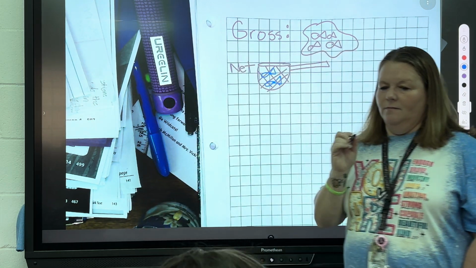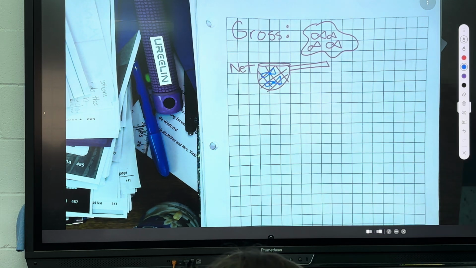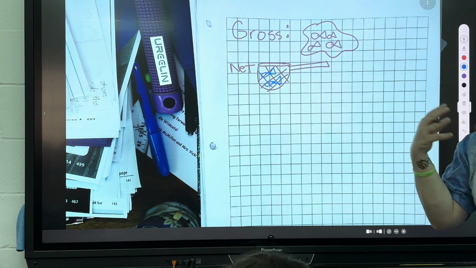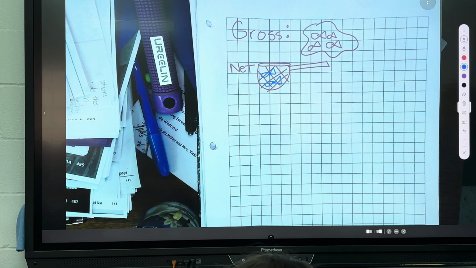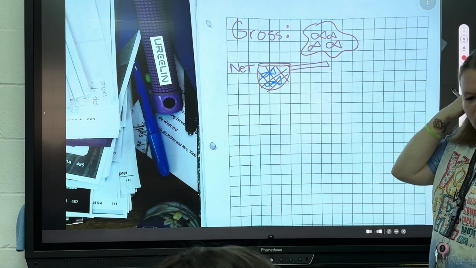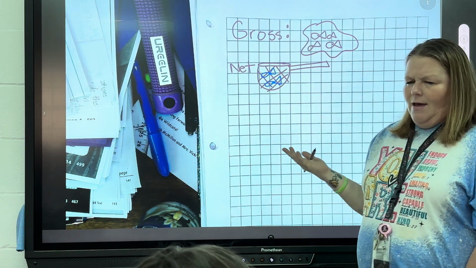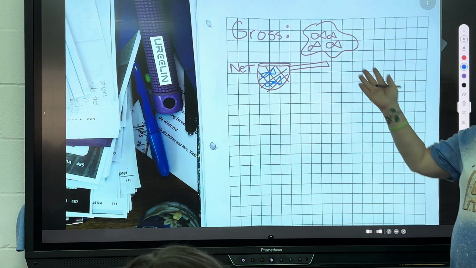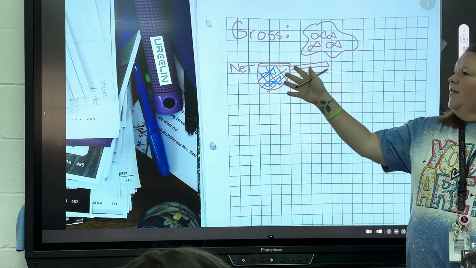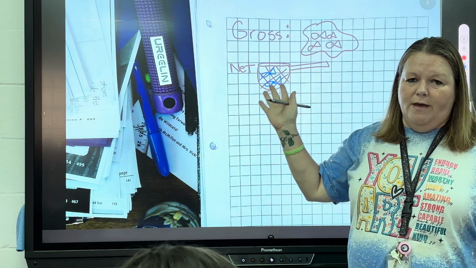So we don't get to take home everything that our gross income says, because you have to pay taxes. So the gross income is everything you earn. The net is what you have left to pay your bills with.